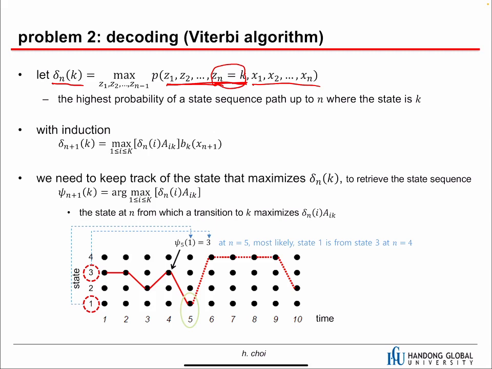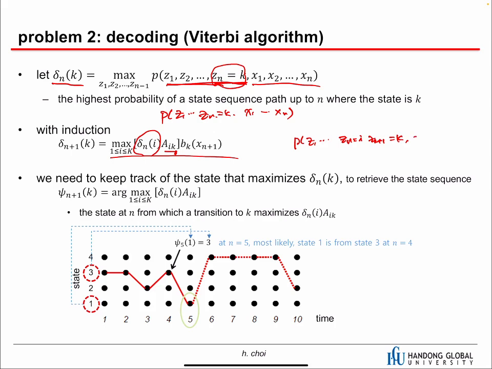So with induction, delta n plus 1 of k is defined by this. From here, we multiply this transition probability. So in the next time step, we are at the state k. So this means p of z1 to zn, where zn is i, and zn plus 1 is k, right?